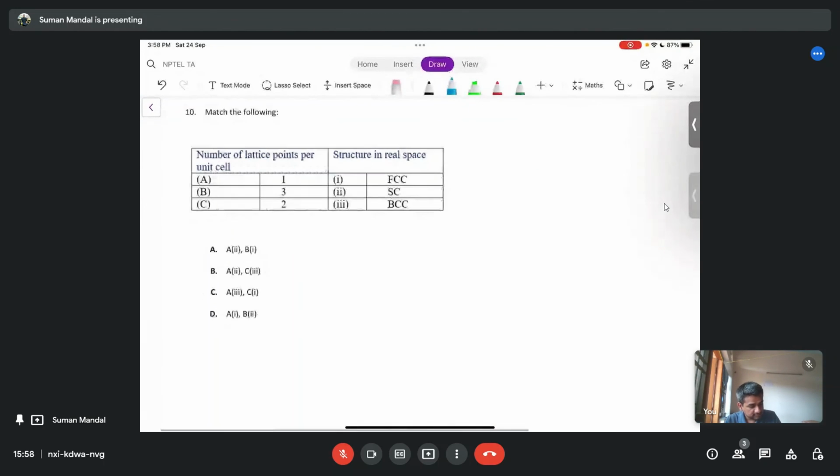For simple cubic, the structure has points at all the corners, and each of these points is shared by 8 cubes. So the number of lattice points is 1 by 8 into 8, which is 1. There's only one lattice point for the simple cubic structure in real space.